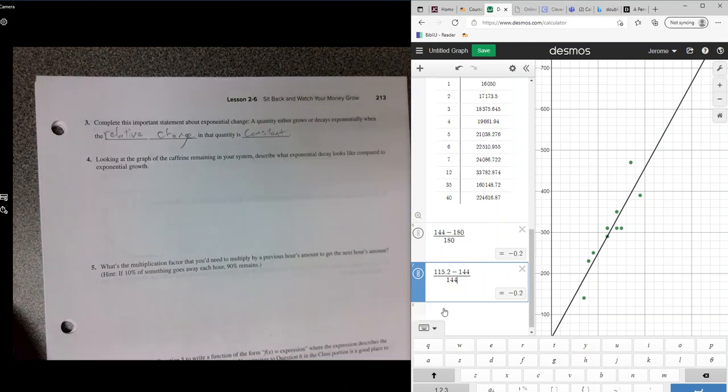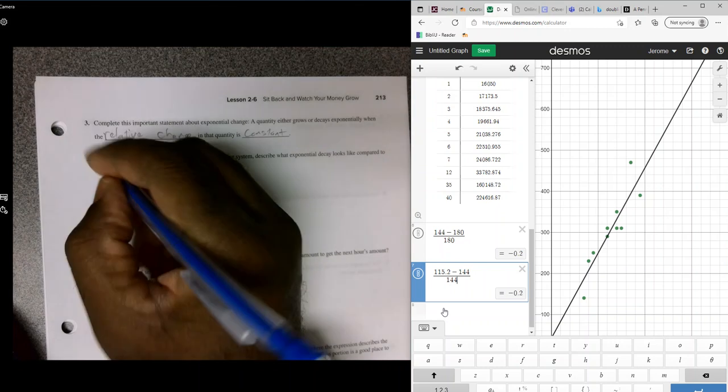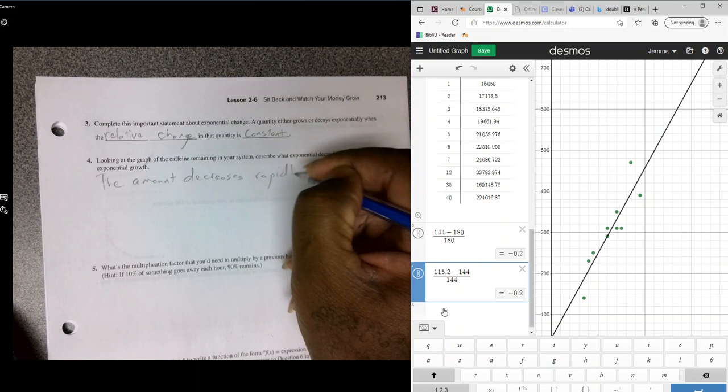So the amount decreases rapidly at first, then slows down or levels off.